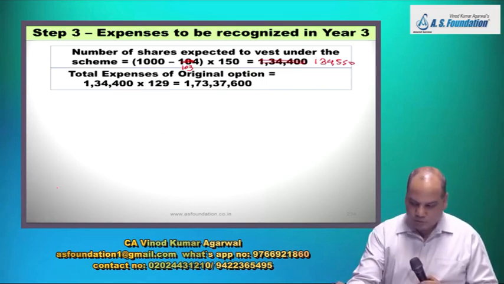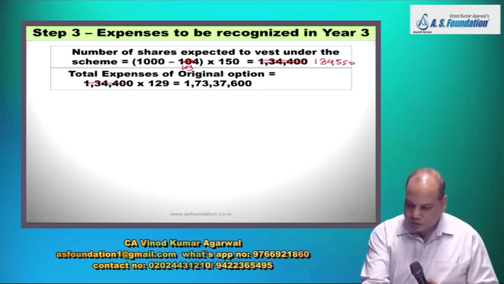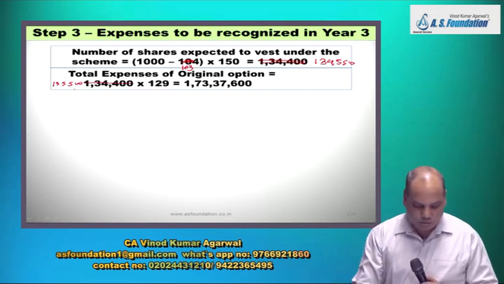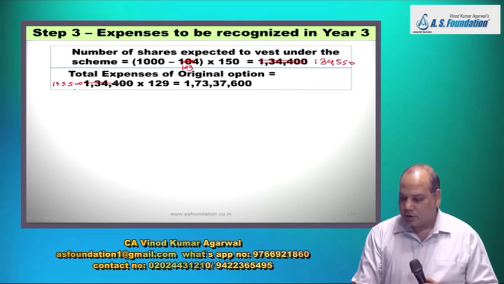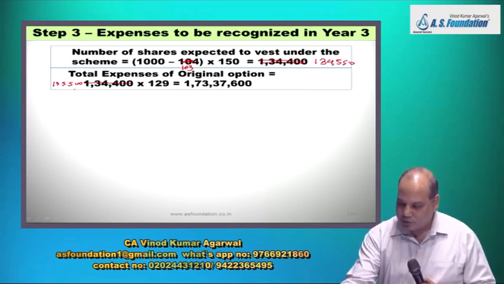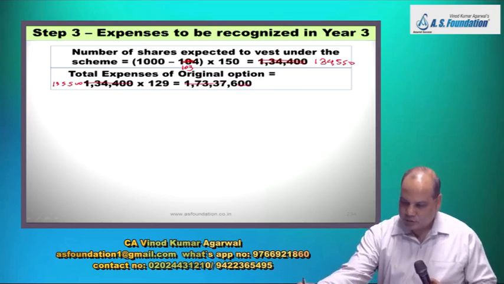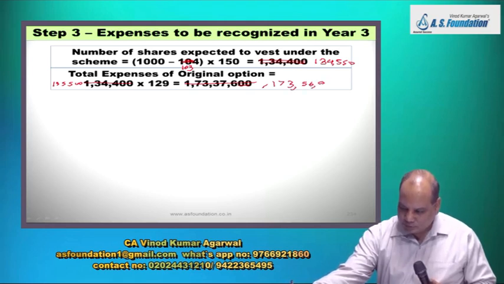Now write down total expense of the original option. 135,500 into 129 is 1,73,37,600, but this figure will change. How much? 173,56,950.